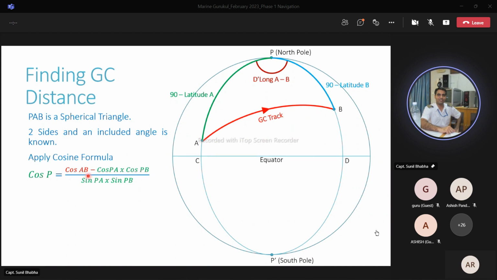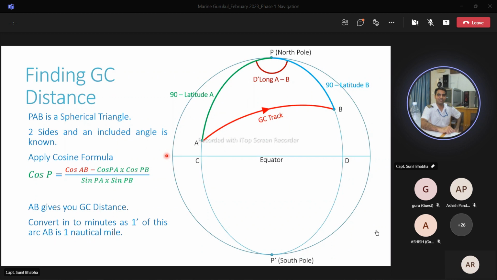Once AB is known to us, we can easily find out what is the great circle distance between these two positions. AB gives you the great circle distance. Now, one very important thing to understand here is that when we apply the cosine formula, we are going to get this side AB in degrees, minutes, and seconds or decimal of a minute.